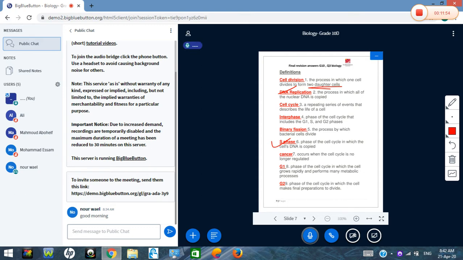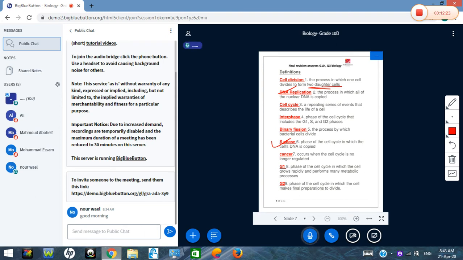Next one, occurs when the cell cycle is no longer regulated. The meaning of no longer regulated: we know that the cell cycle includes 3 main stages. Each one of them includes some phases. The first stage, interphase, then mitosis, and the last one, cytokinesis.